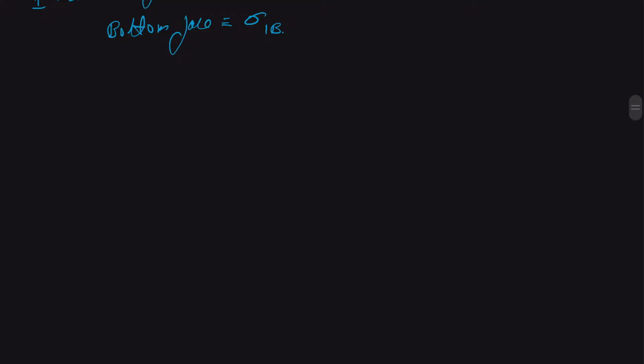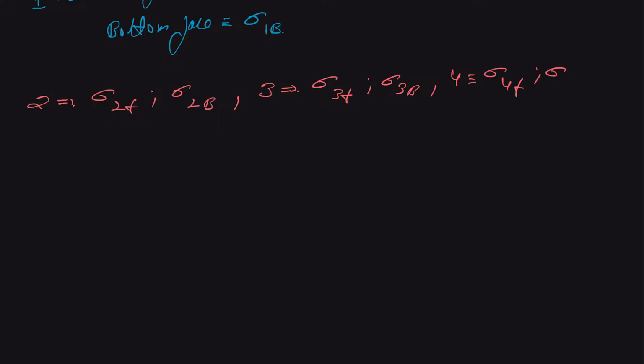And similarly there will be our second plate. For the second plate we are going to call the top sigma 2 top and the bottom sigma 2 bottom. Similarly for plate number 3 we are going to call this sigma 3 top and sigma 3 bottom. And then we have plate number 4. Once again we call this 4 top and this 4 bottom.